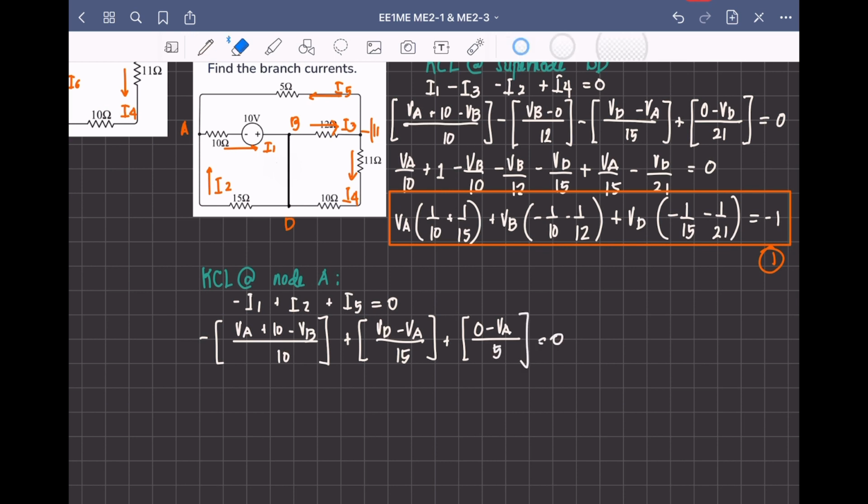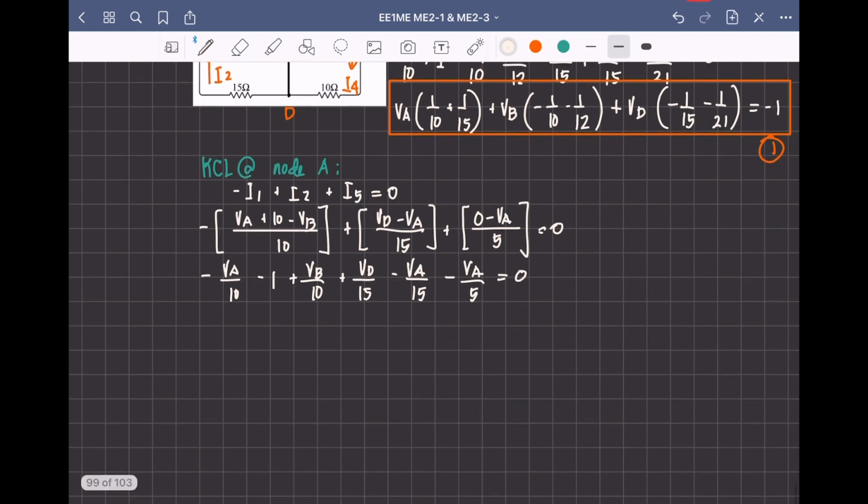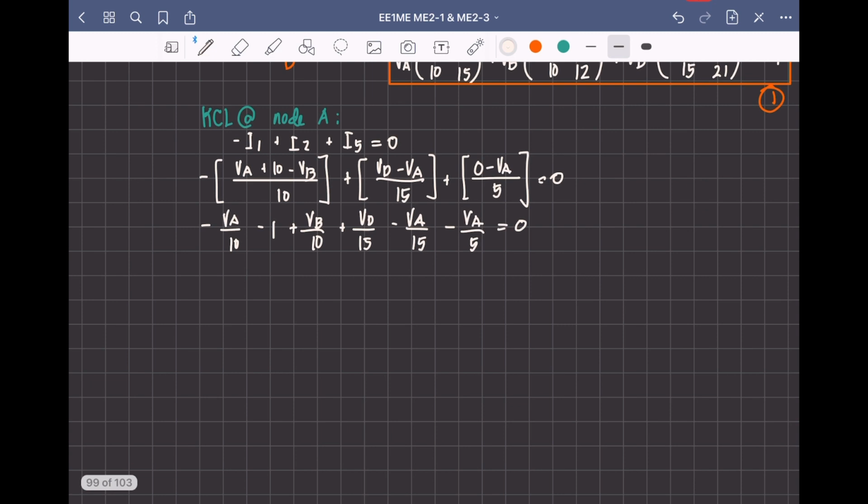And then we expand. So we distribute the negative signs. And that would be negative VA over 10. Negative 1. Positive VB over 10. Positive VD over 15. Negative VA over 15. Negative VA over 5. And then equate that to 0. Afterwards, we factor out or group together like terms.